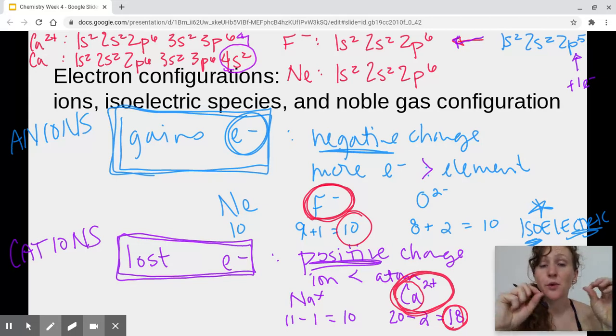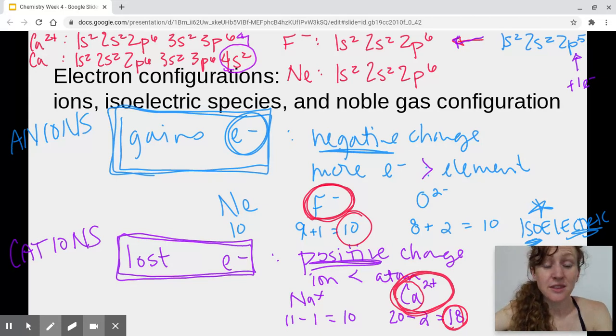And notice that both ions end with energy levels or valence shells that are completely filled. The 1s and the s and the p end up completely filled for ions, and that's always true until you look at the metals. The transition metals get a little crazy in there, but we'll talk about the transition metals some other day.